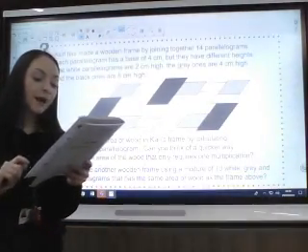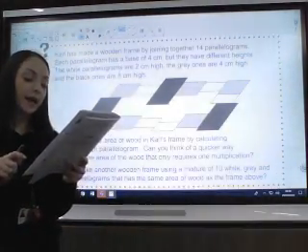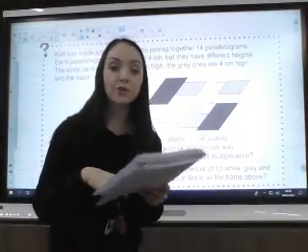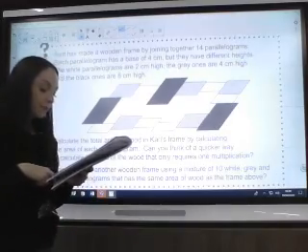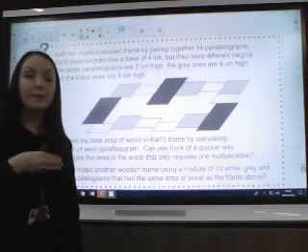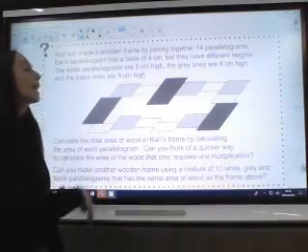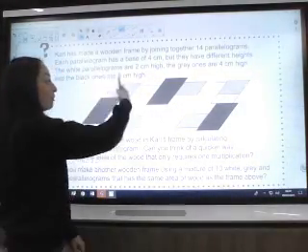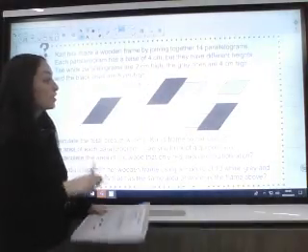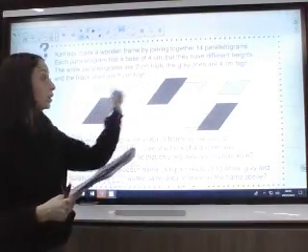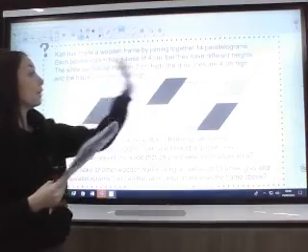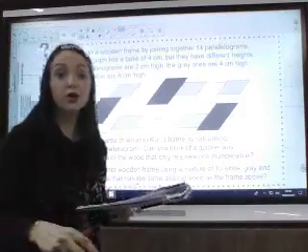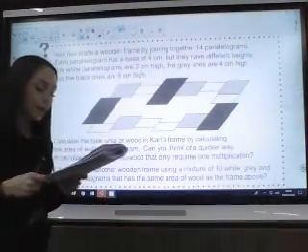The white parallelograms are 2 centimetres high, the grey ones are 4 centimetres high, and the black ones are 8 centimetres high. So you now know the measurements for each of your parallelograms. So you can go through and work out. So once you've worked out one black one, you know what they all are. Once you've worked out one grey one, you know what they all are. And once you've worked out one white one, you know what they all are. So you've only got to do three calculations.